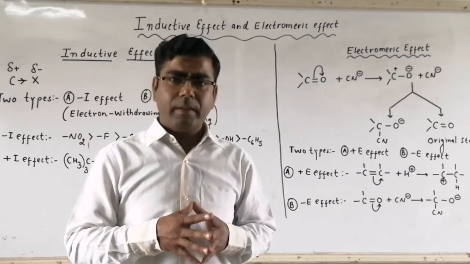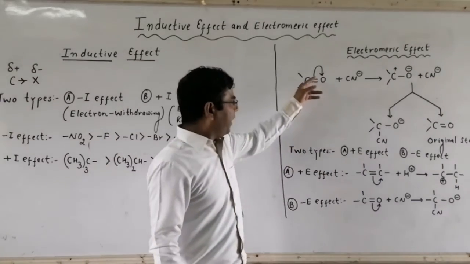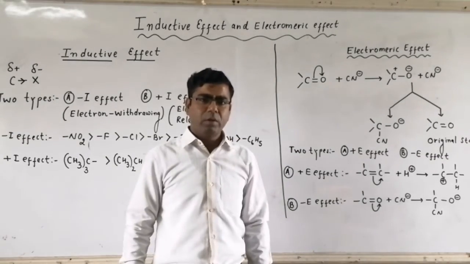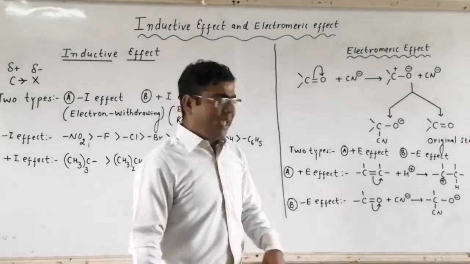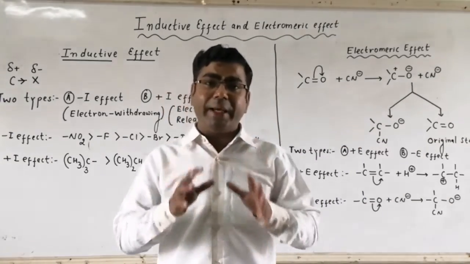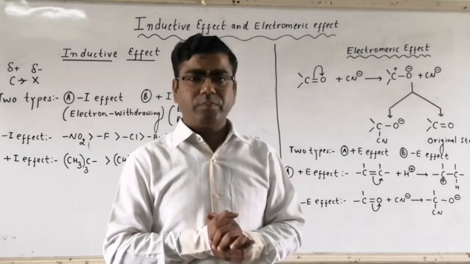So here, the complete transfer of pi electrons or double bond electrons towards one of the atoms in presence of an attacking reagent is called electromagnetic effect.